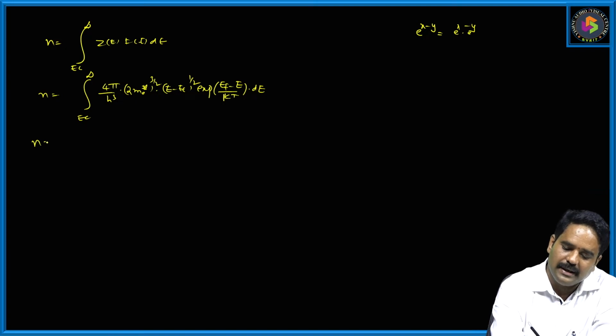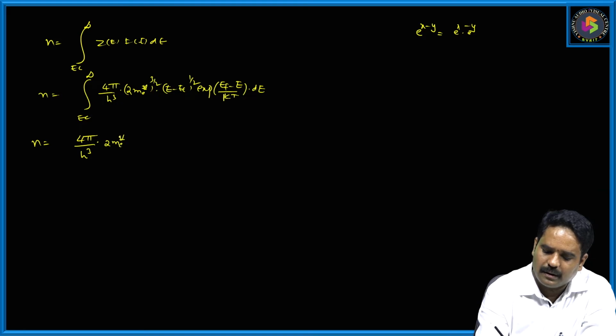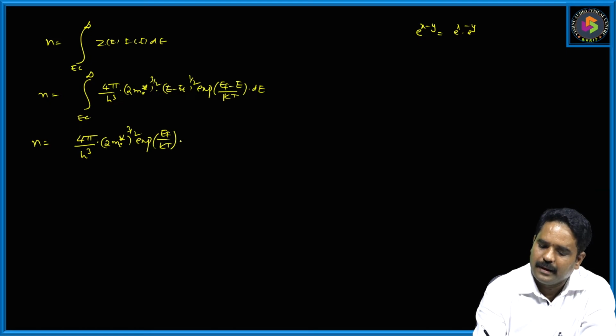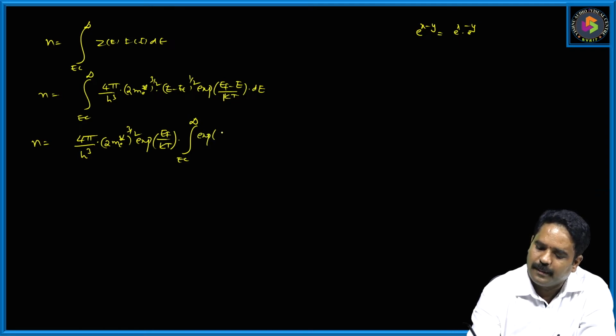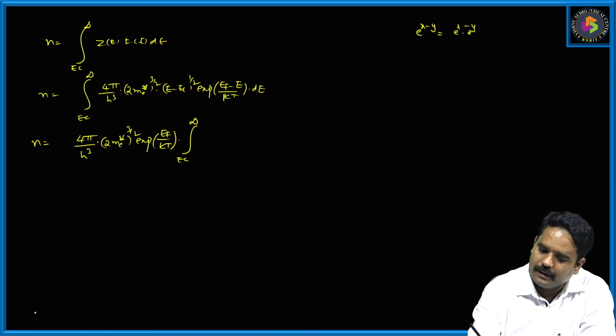Then it can be written as n is equals to 4 pi by h cube 2 me star to the power of 3 by 2 and exponential of Ef by kT into integral Ec to infinity exponential of minus E by kT into dE, and E minus Ec to the power of 1 by 2 is also there.